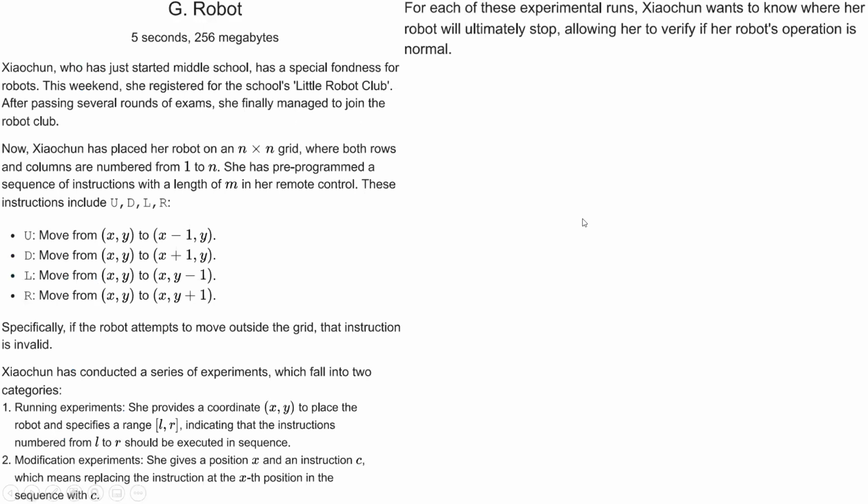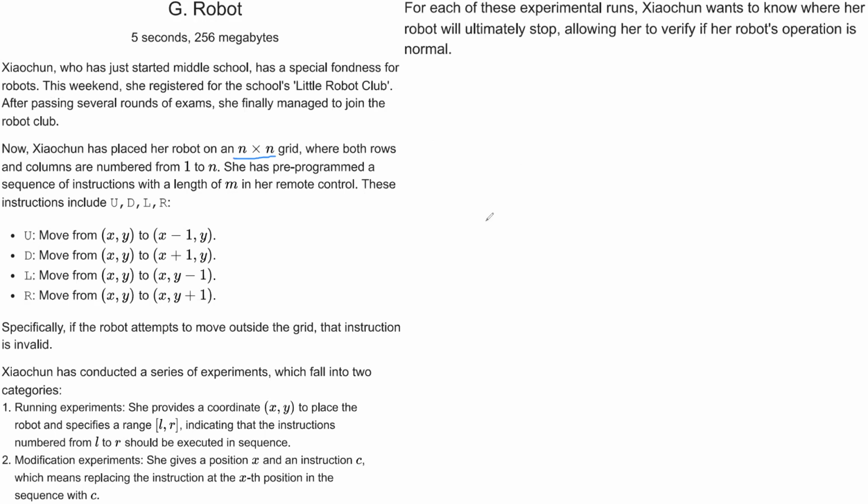And the last question is not very easy, but not as hard. We are given some sequence of controls. Our robot is placed in the grid, and we are given some controls, and we are asked where the robot stops.